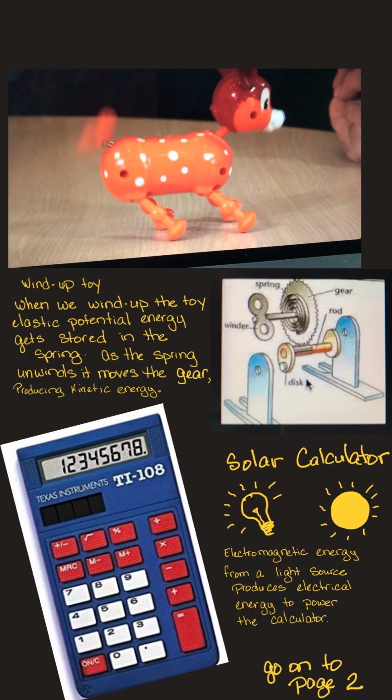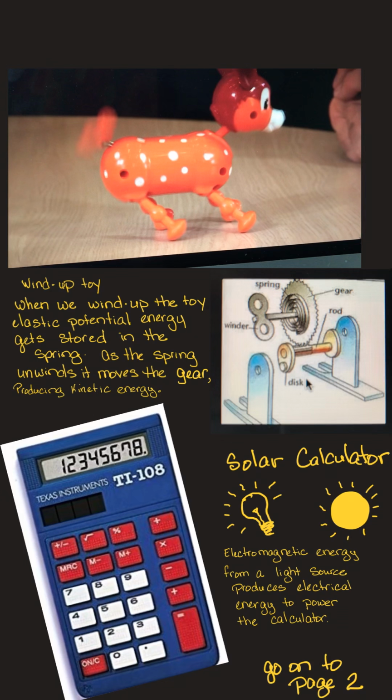As you let go, the spring unwinds and moves this gear that moves the rod attached to either the Bambi's legs or attached to the Bambi's tail, and that produces some kinetic energy.